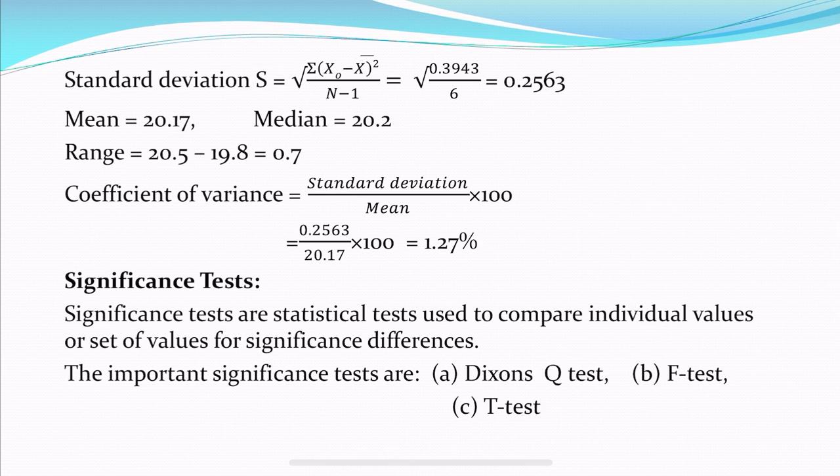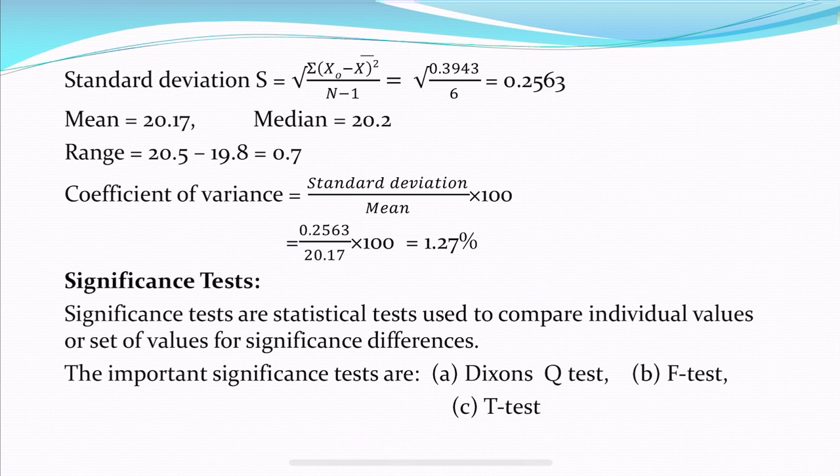This is the importance of conducting various types of tests. In analytical chemistry we conduct 3 tests: one is the Q test, the F test, and another is the T test. What are these Q test, F test and T test, and how do we calculate them? All these things I am going to explain in my next class.